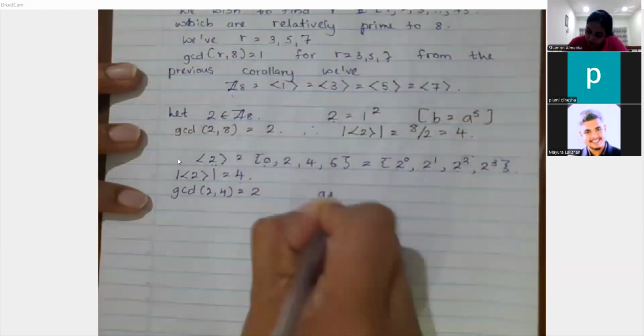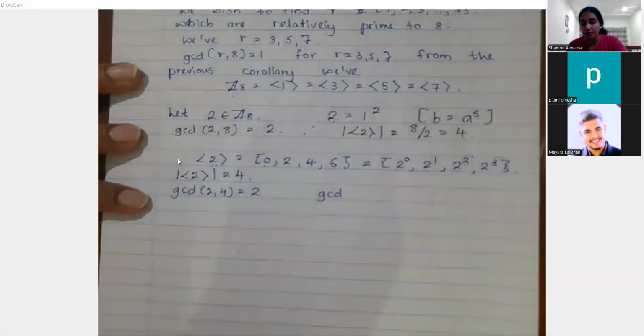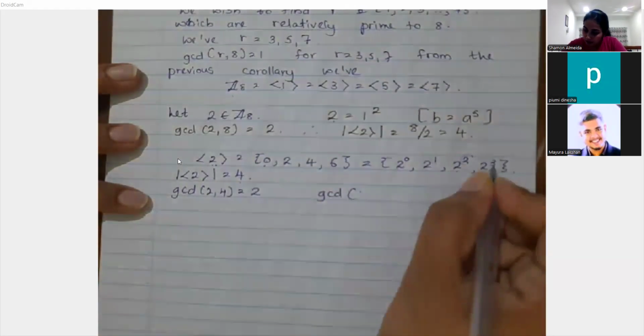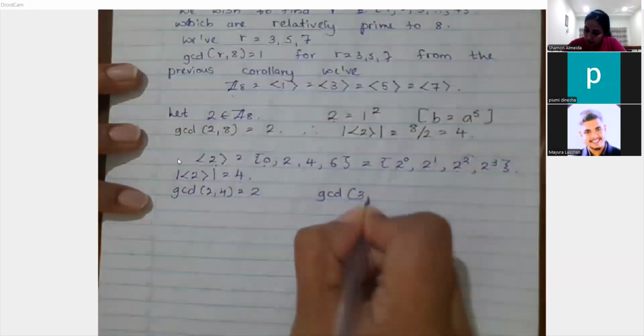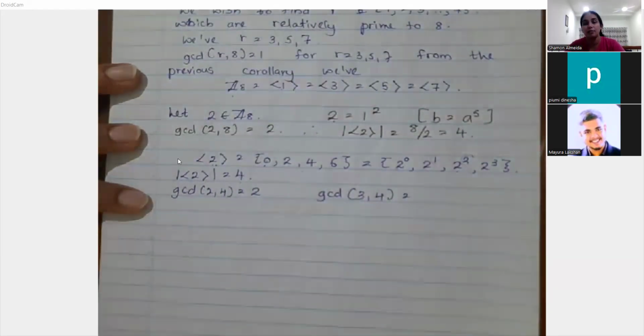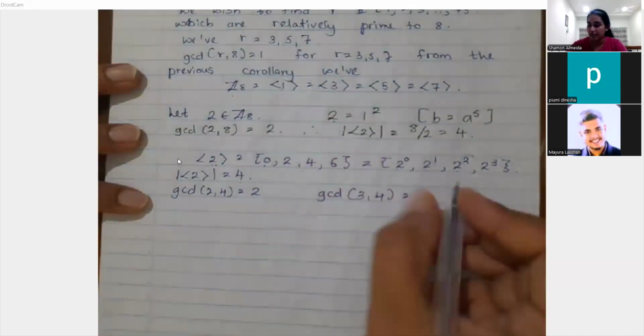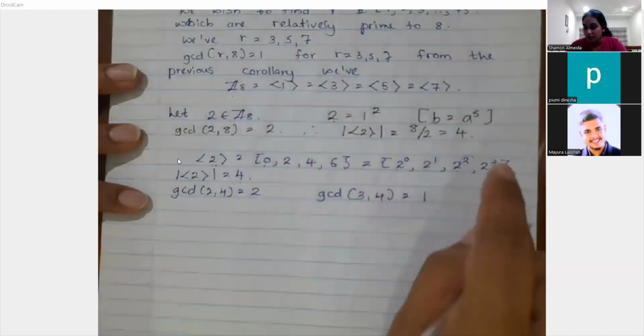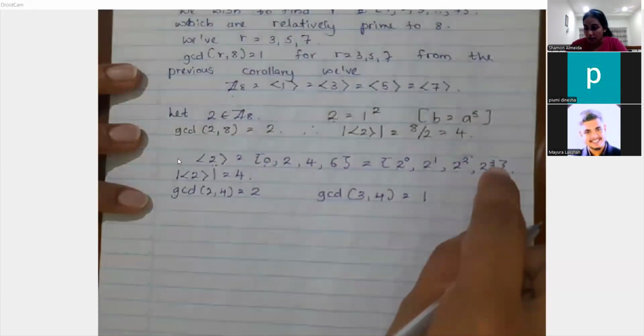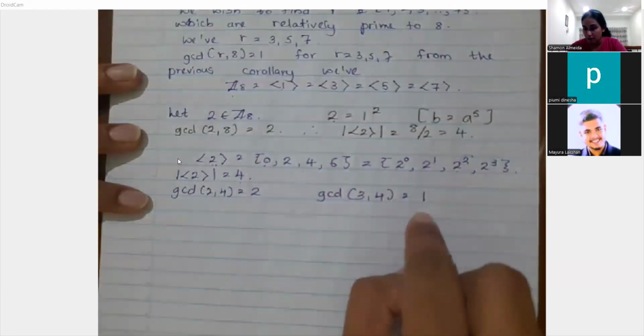However, we want them to be relatively prime. In other words, the greatest common divisor to simply be 1. This index 3 and 4. What is the greatest common divisor of 3 and 4? It's simply 1. So 3 and 4 are relatively prime.